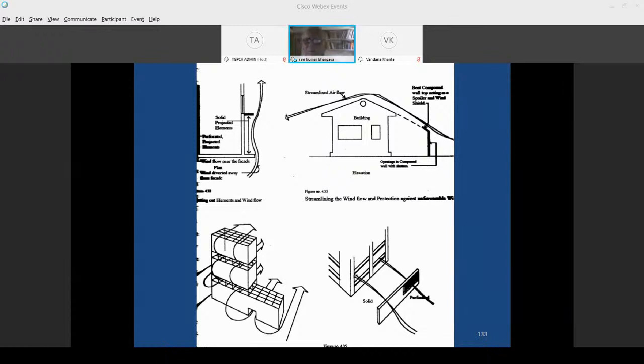Many times, friends, we have balcony projections, and many times balconies are enclosed from the sides also. Many times we have a sort of RCC box around the opening or windows. All these elements drift the wind flow away from the building.